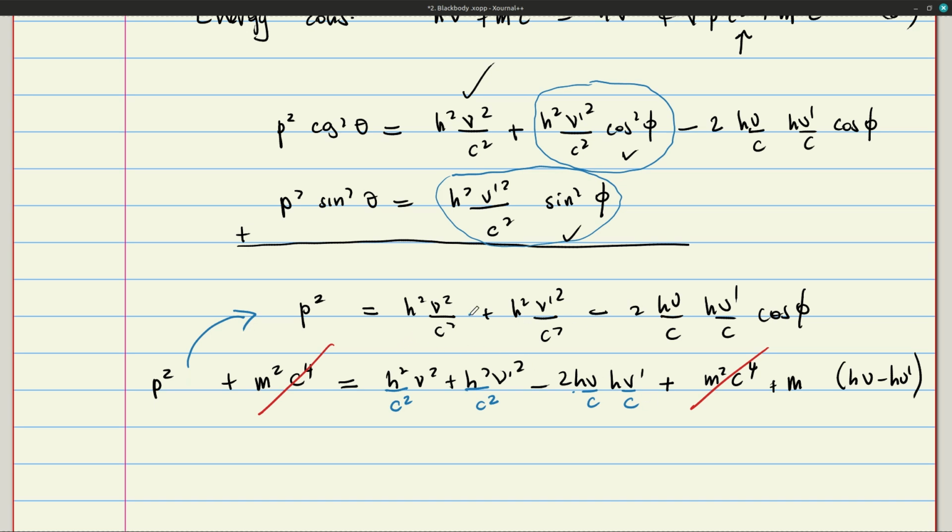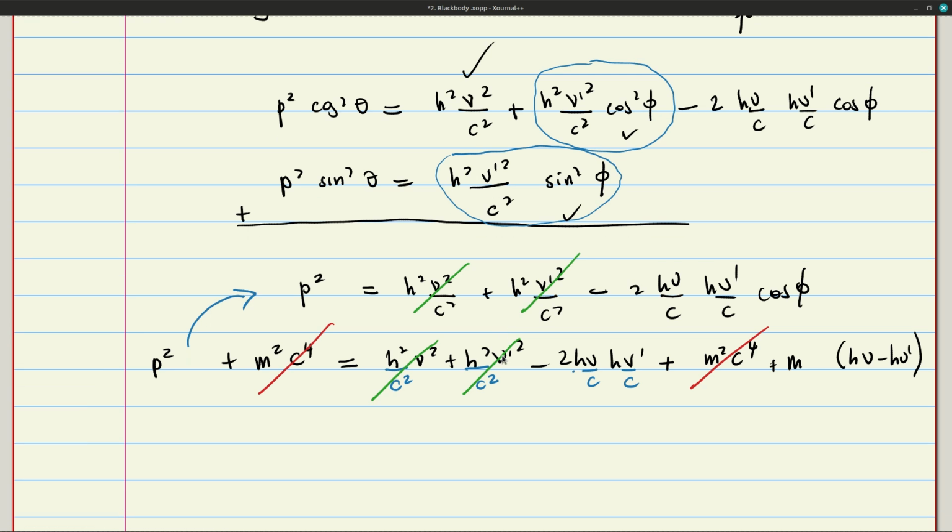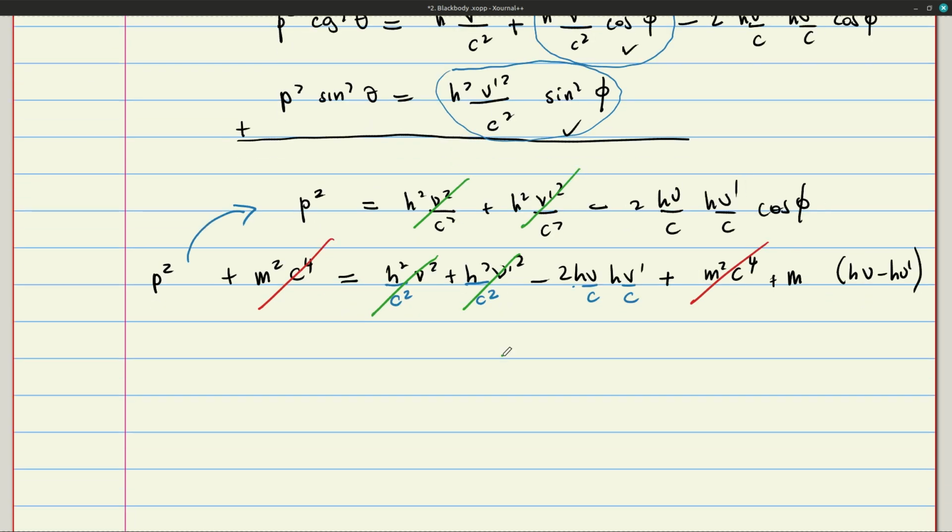I have something in terms of h nu's and h nu primes. And if you can follow, if I put this line on the left-hand side and this line on the right-hand side, this one is going to cancel with this one. Is that clear? Hopefully. So this one is going to cancel this one. So this one also cancels. And what remains is, let's write what remains.